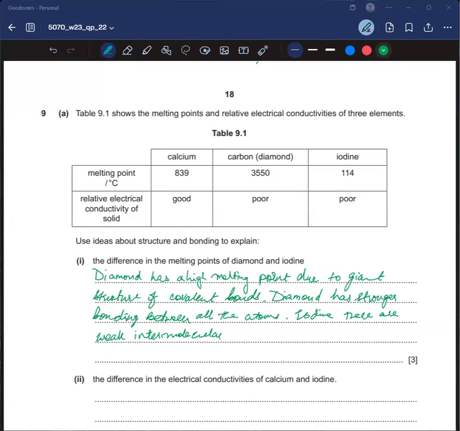Here we are writing weak just to refer that the IMF existing between iodine is weak. We are not specifying which force is present.